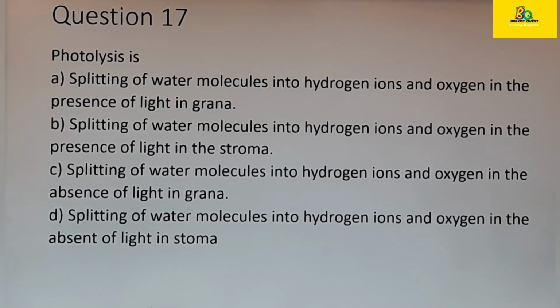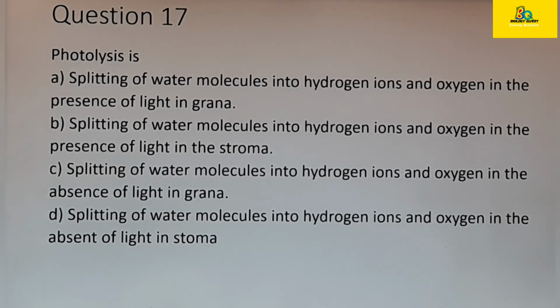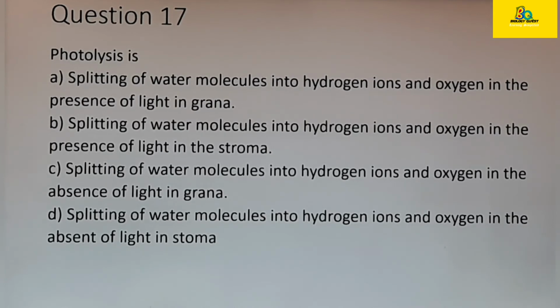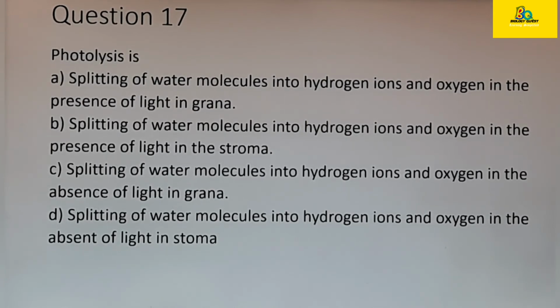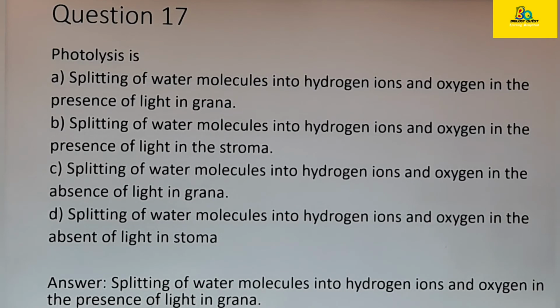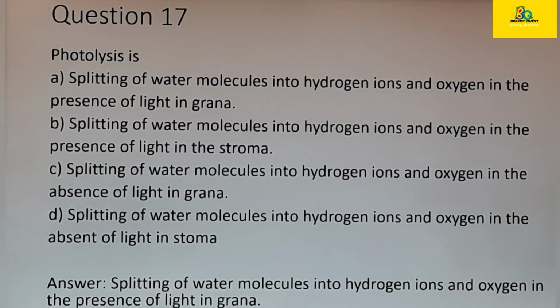Photolysis is a process which requires light. Photolysis, splitting in presence of light. So what is the correct answer? The correct option, option A, splitting of water molecules into hydrogen ions and oxygen in presence of light in the grana. That is photolysis. Hope it is clear to all of you.